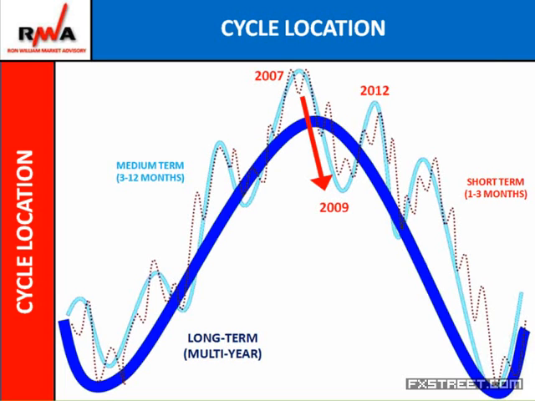This is great, but keep in mind that this is part of a cycle roadmap, and hypothetically what I'm trying to show you here is that we are right now at the crest of this top on a medium-term, short-term, and long-term cycle, which is a tipping point at the moment and likely to turn lower over the next few weeks and certainly into the first and second quarter of 2013.